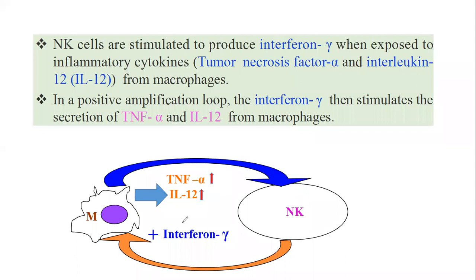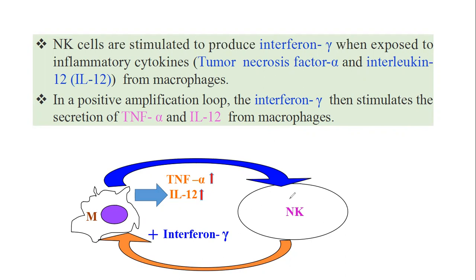The NK cells are first exposed to inflammatory cytokines, tumor necrosis factor alpha, and interleukin 12 from the macrophage.